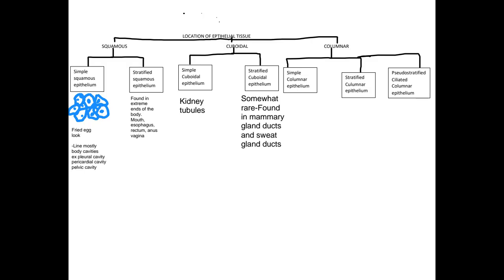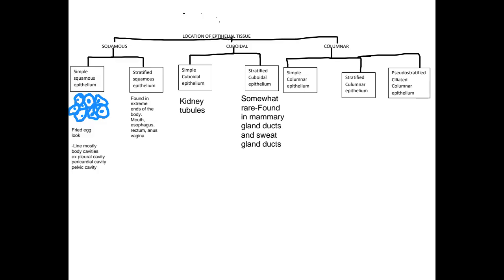All right, and then simple columnar. Since they look like long columns, the way I try to remember is that simple columnar are long, skinny columns, a line of long, skinny columns. When I think of that, I think of how long and skinny your small intestines are. So mainly you will find simple columnar lining your digestive tract from your stomach to your rectum.